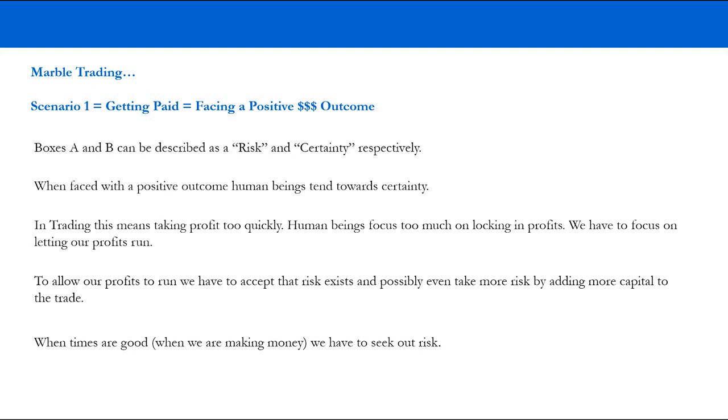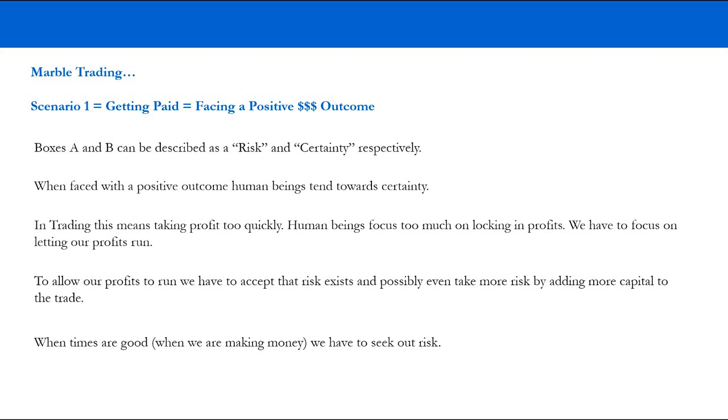So in scenario one, getting paid, usually 8 out of 10 respondents would tend towards box B, and 2 out of 10 would tend towards box A. So 80% of people will tend towards certainty, and 20% will tend towards risk.